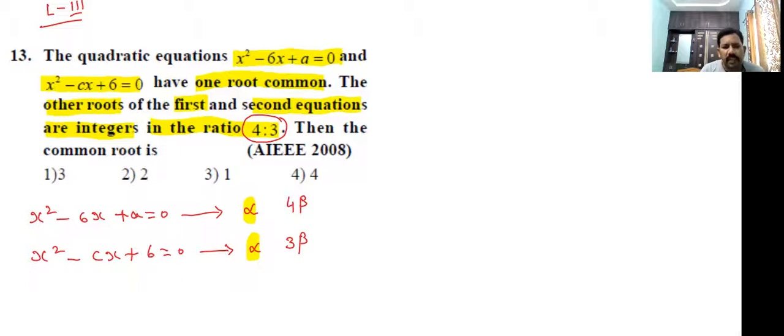Now students, observe that the sum of the roots, alpha plus 4 beta, how much? Tell me. 6. Second equation, sum of the roots, alpha plus 3 beta. How much?